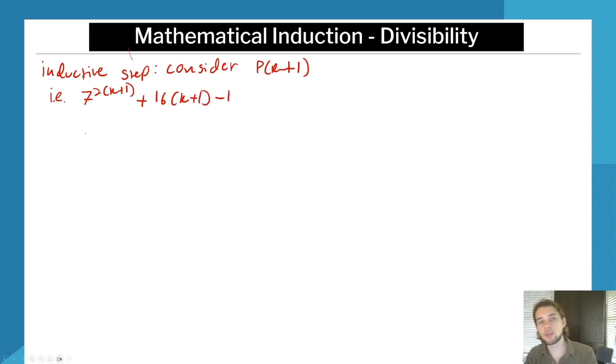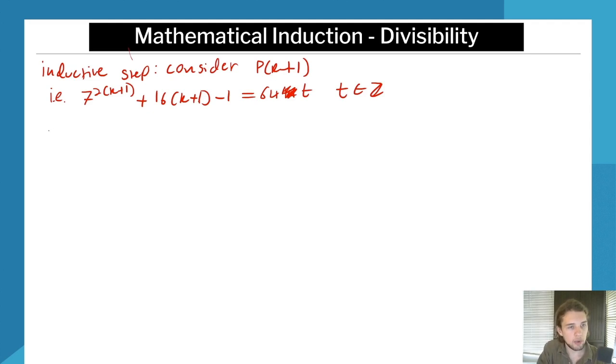We want to prove that this is divisible by 64. That means it equals 64 times, this time, let's say n is a very bad one to do, let's say t, where t is in the integers. So we're basically going to try to prove that this is true.